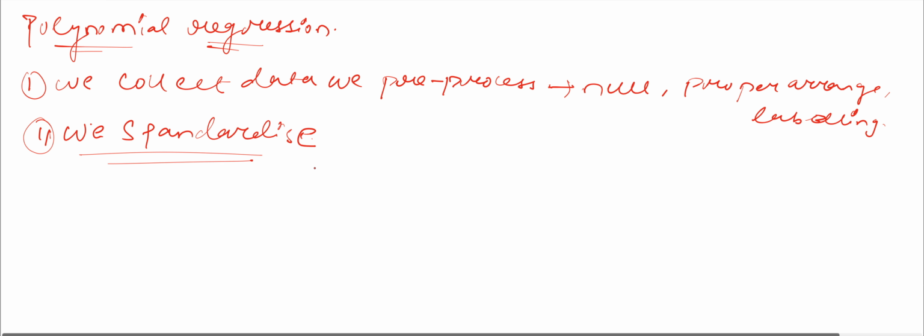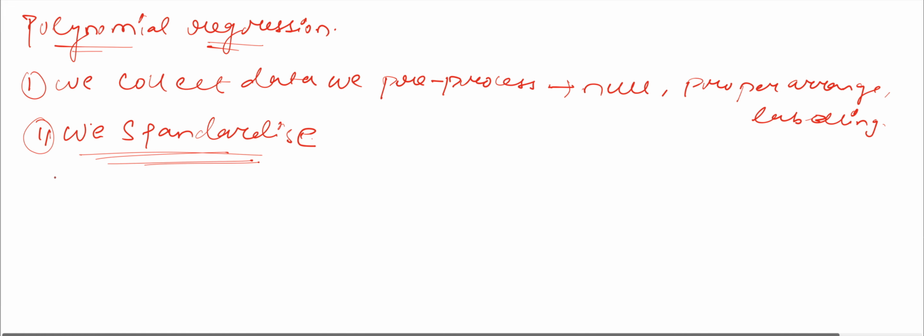Some number has a high influence or voting right because it's a huge number and the other does not, so there is no point of regularization. Therefore, first we standardize our data.